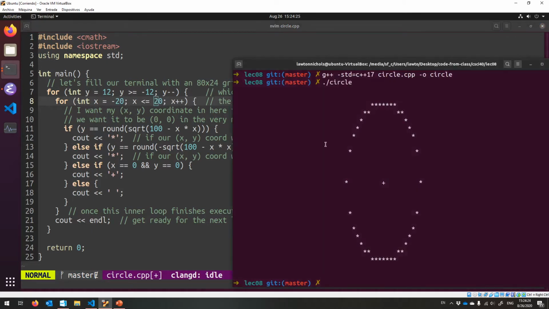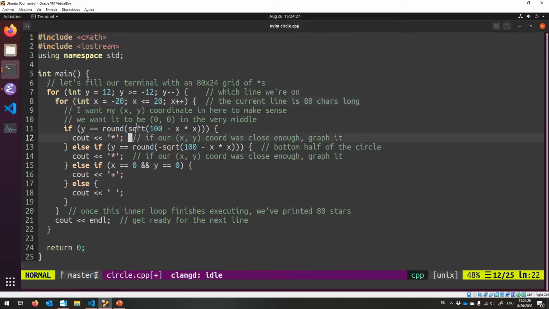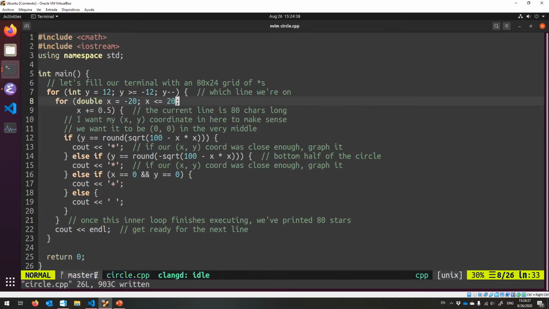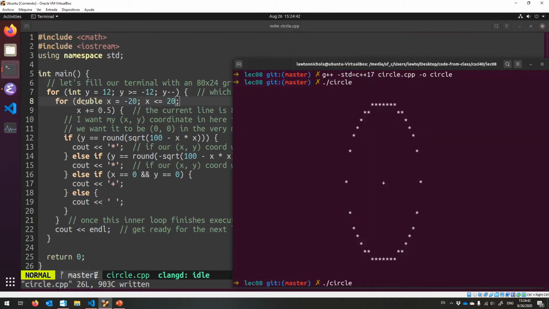And I'll just shrink, that'll expand our graph horizontally. And we'll have to use doubles for x now, because we want it to increase by 0.5. Oh goodness, why? Don't know why I wanted to do that, but that's, I guess, what we get.